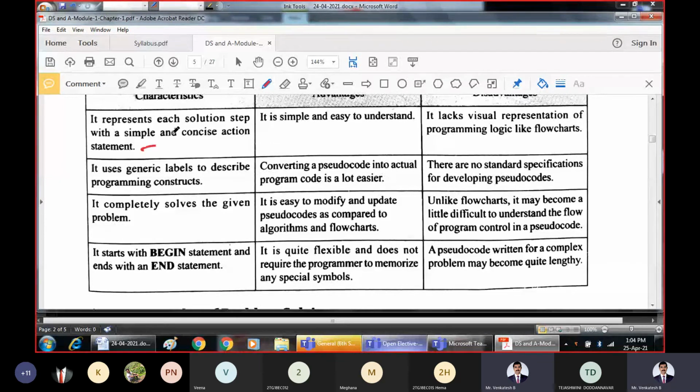That is, it is concise. It's simple. It is also going to represent the solution by using simple steps. And it is going to use labels which are easy for us to remember.